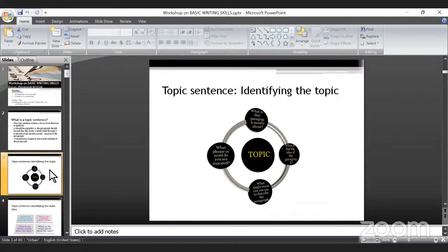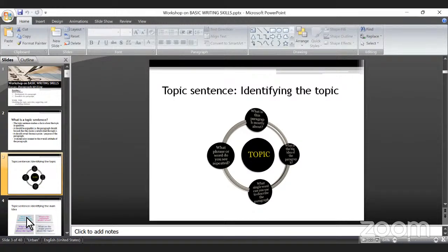This is another method of understanding the topic. You look through the paragraph and see which words and phrases have been used repetitively. Most probably that is what the paragraph is talking about. That's the main topic being dealt with. Or, what single word can you use to describe the whole paragraph? All these questions can help you answer what the topic of the paragraph is if you're confused.